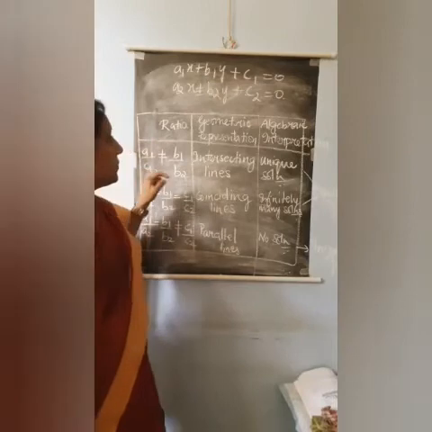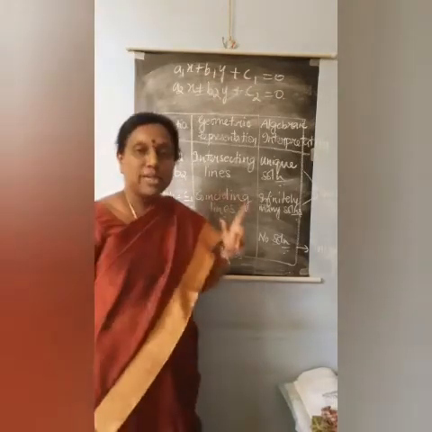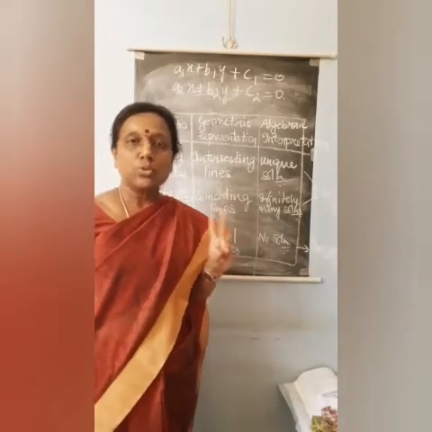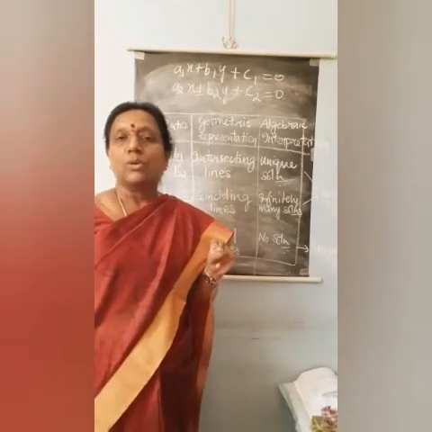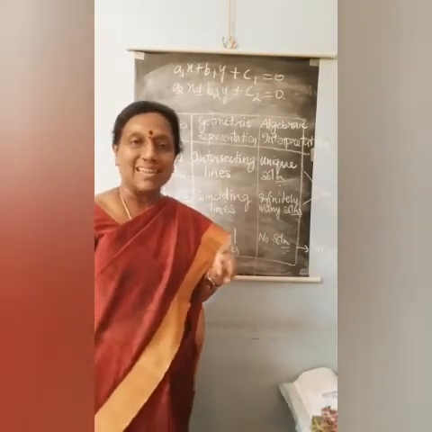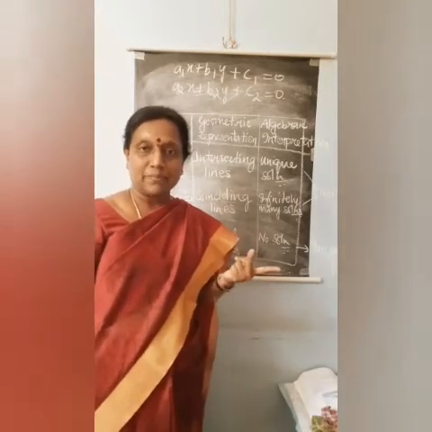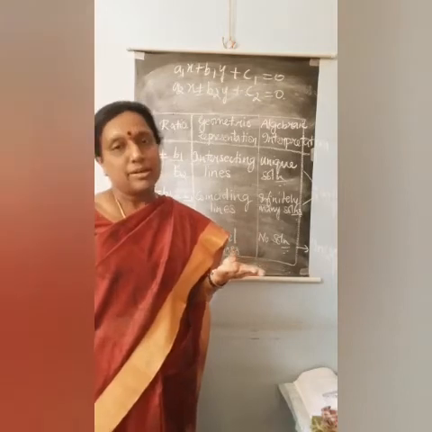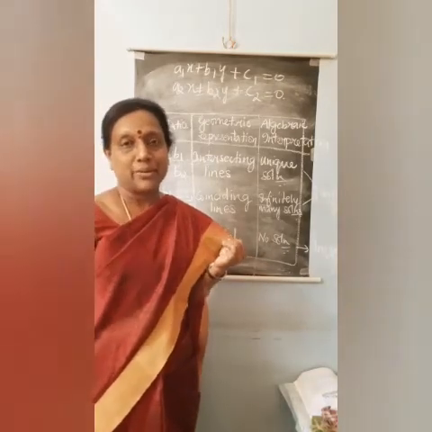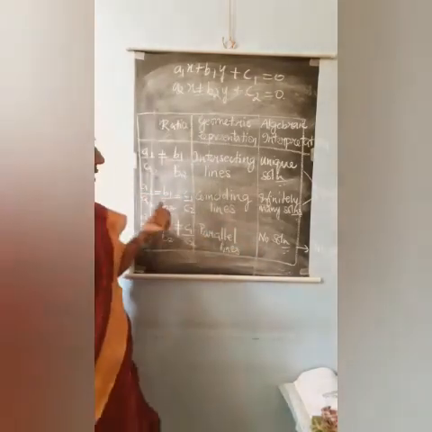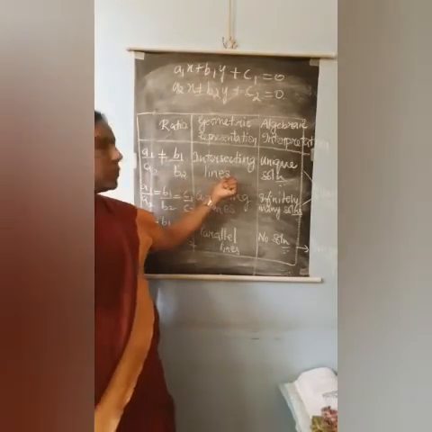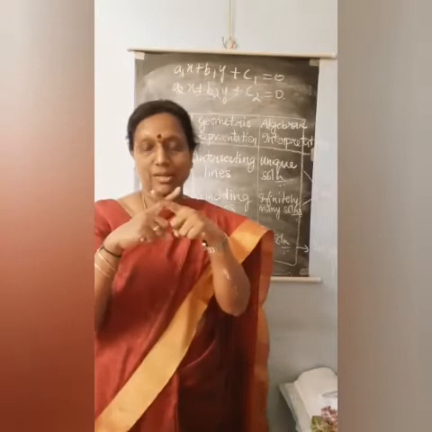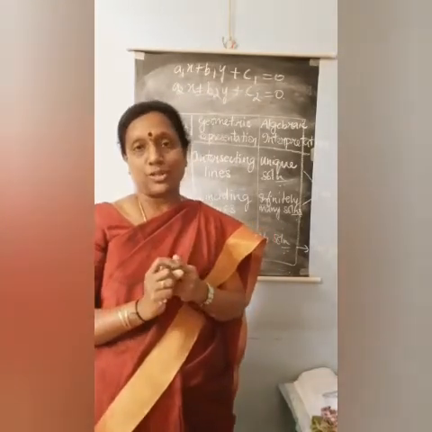Okay? Now, these two equations, when represented graphically, we will get two straight lines. Now, these two straight lines can either be intersecting, coinciding or parallel.